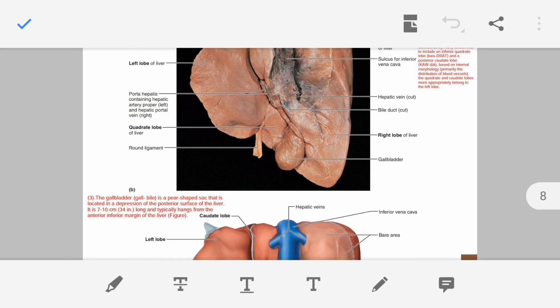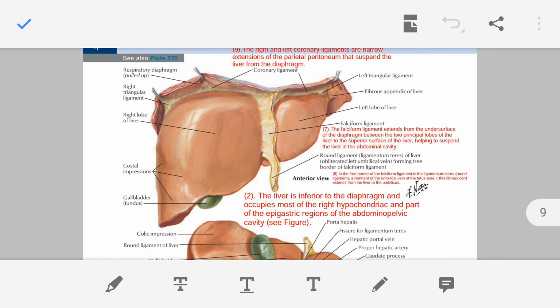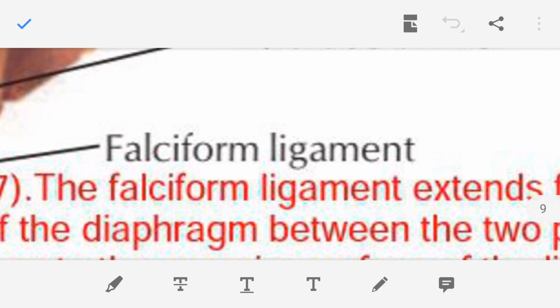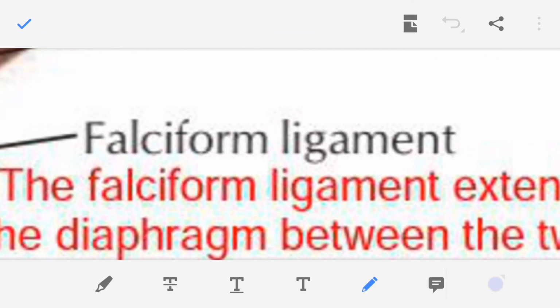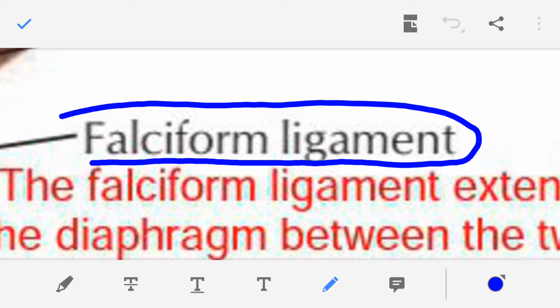Now moving on to the seventh point of our discussion. In the seventh point, we are discussing the falciform ligament.